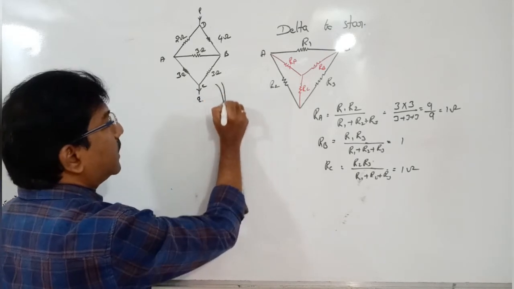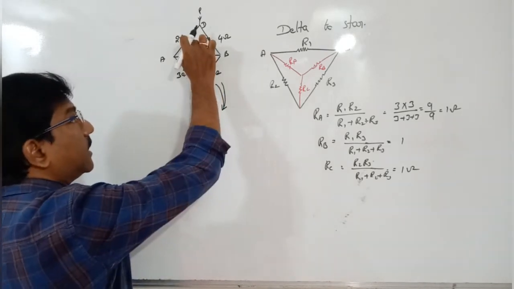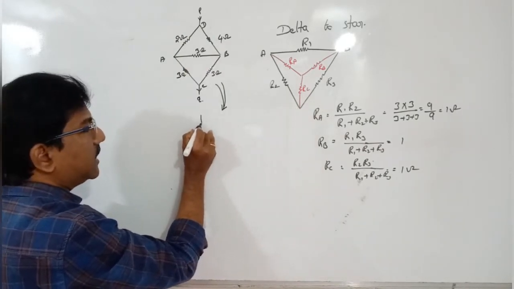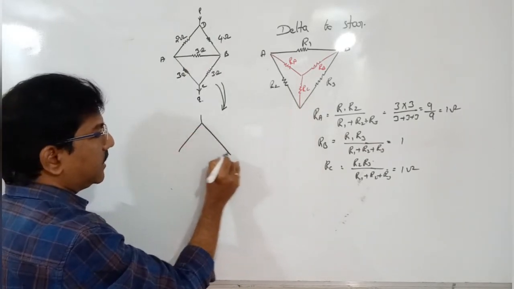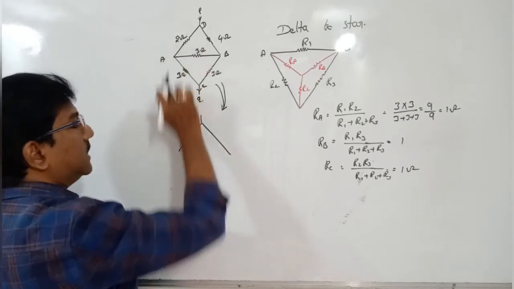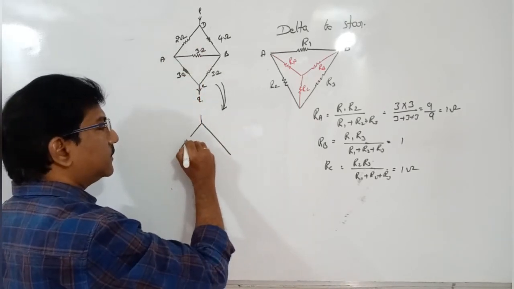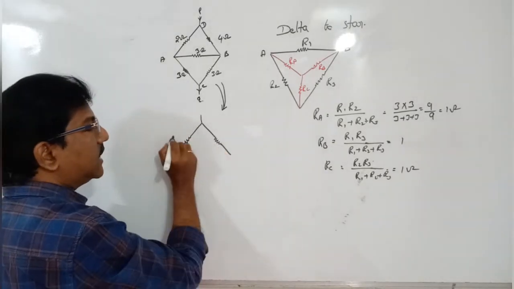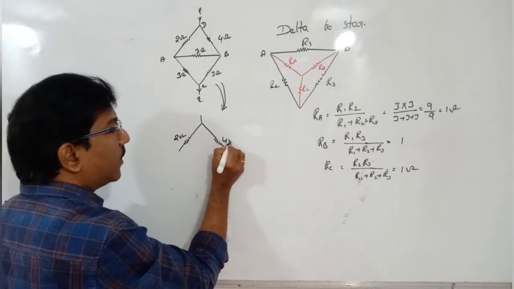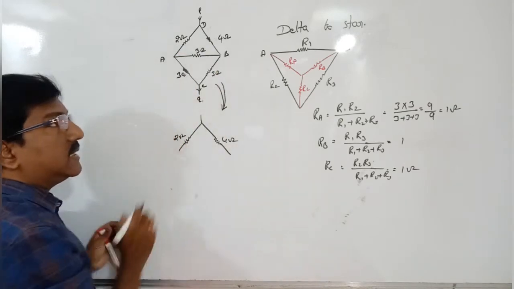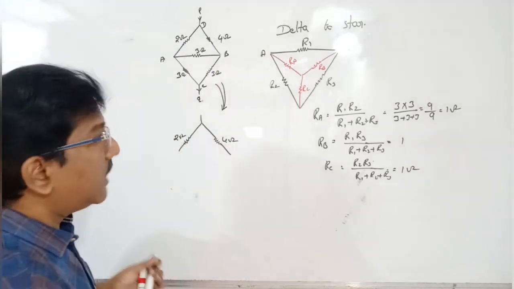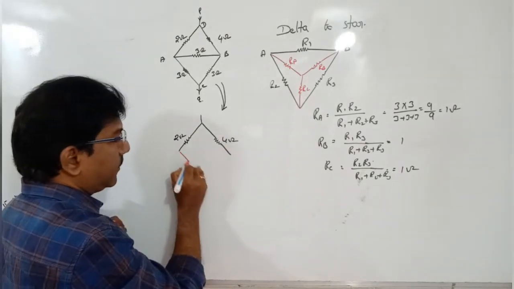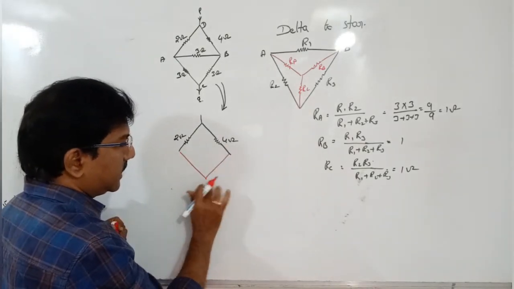Now I would like to redraw this diagram. See, current comes here. It goes like this. This is 2 ohms. This is 4 ohms. No change in that. But whatever A, B, C delta is there now, I would like to redraw with star, like this.